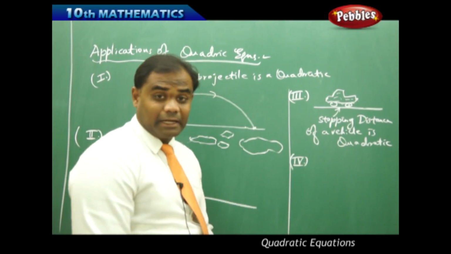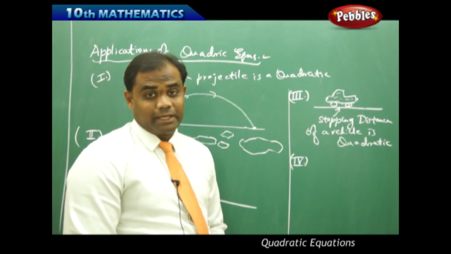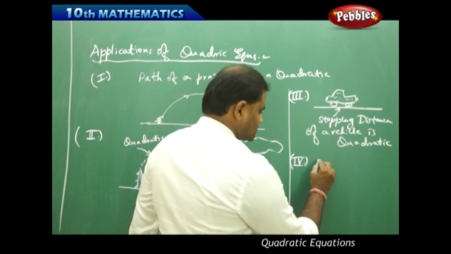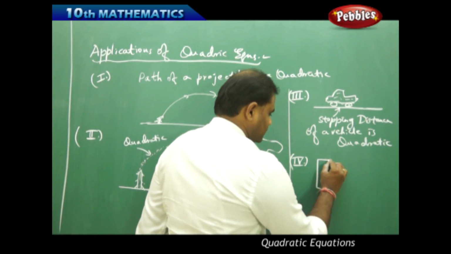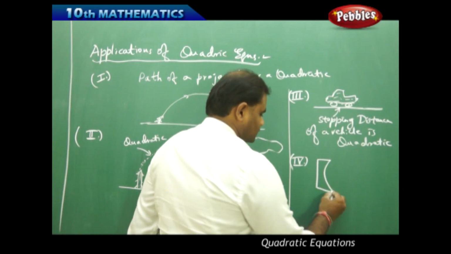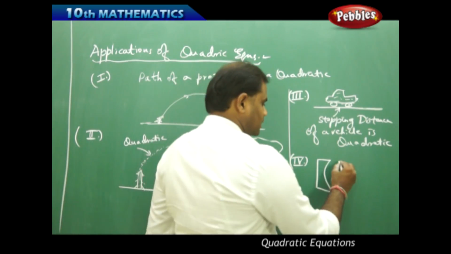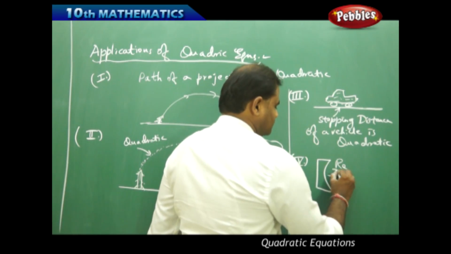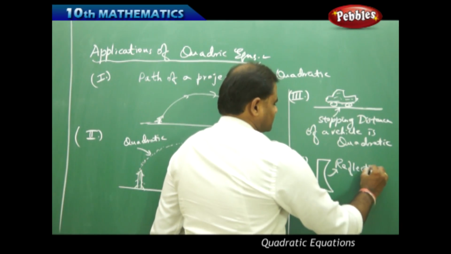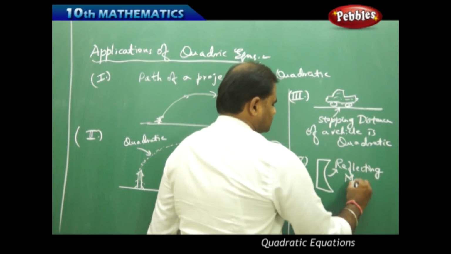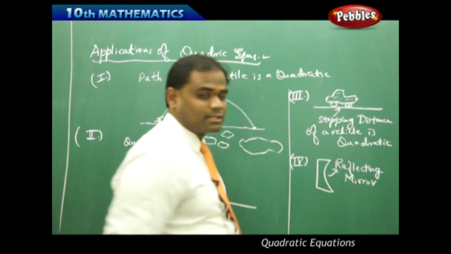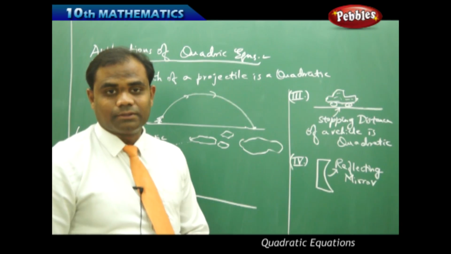Even the reflecting mirror is one example of a quadratic, because a reflecting mirror is generally in the shape of a convex surface with a plane on the other side. A reflecting mirror also represents a quadratic equation.